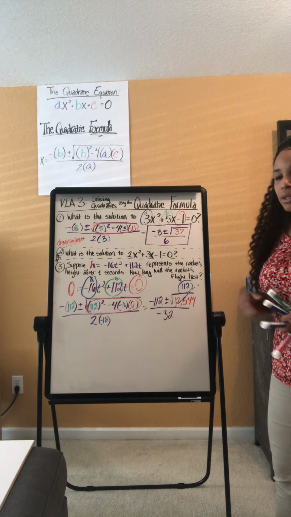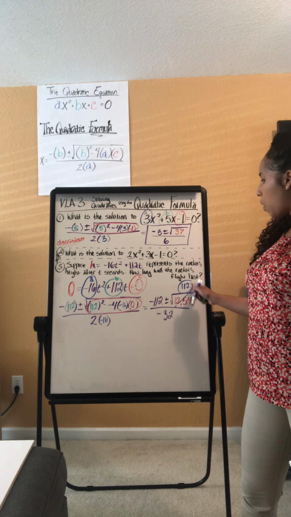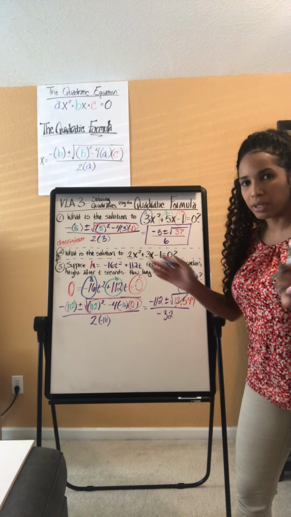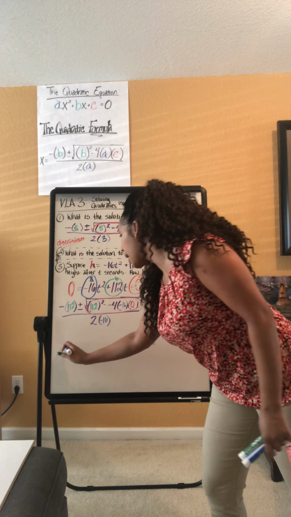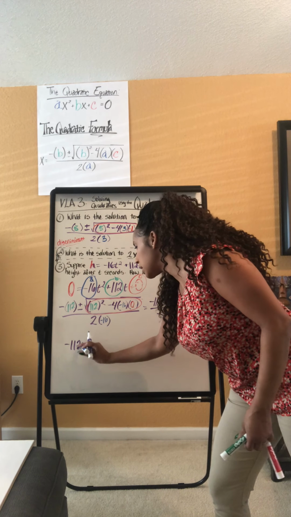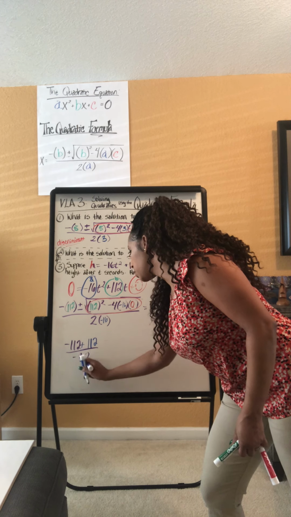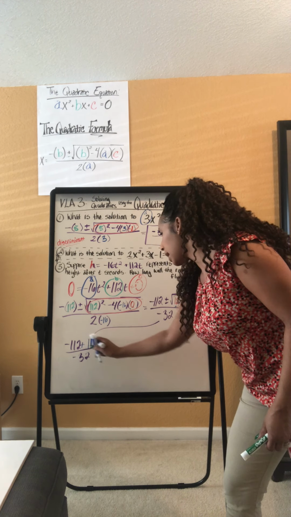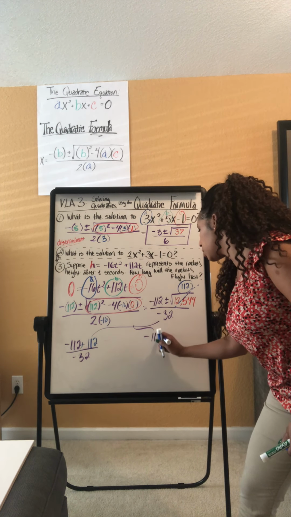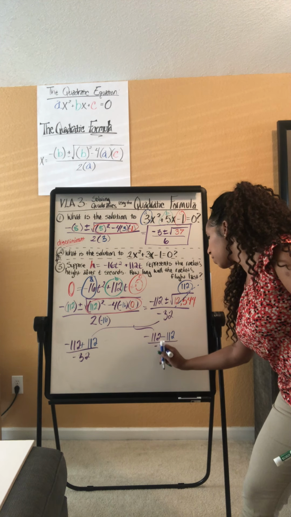So here's how we handle the plus or minus part. Because it turned into a whole number, I need to figure out actually what these two numbers are. I have negative 112 plus 112 all over negative 32, and I have negative 112 minus 112 all over the negative 32.